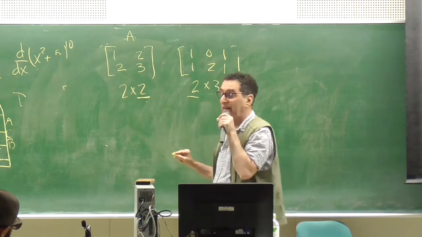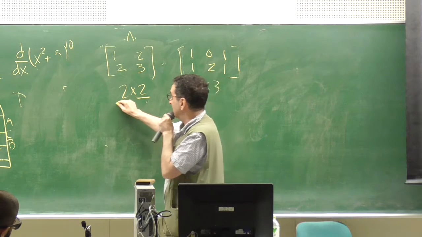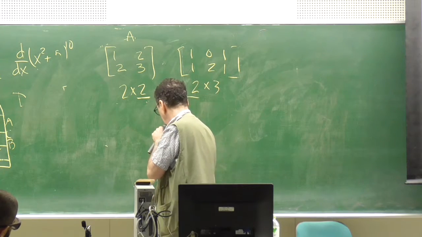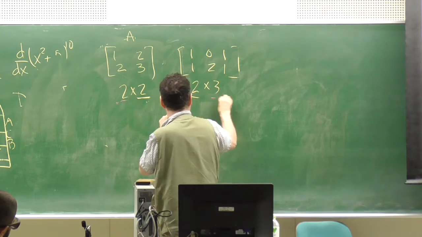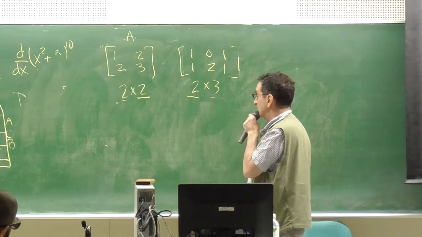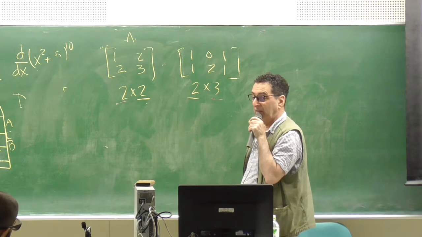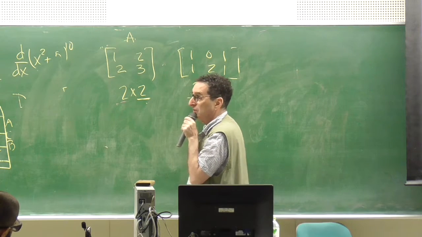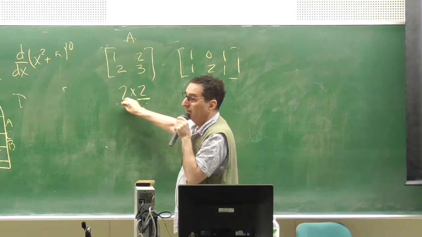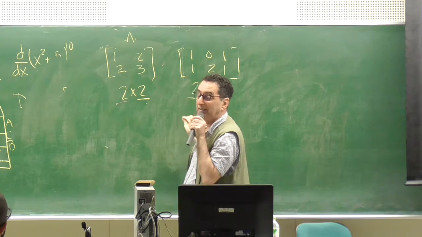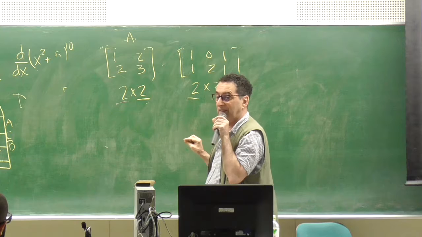Something else? The size is going to come from this and that. In this case, 2 by 3. So these have to match to do the multiplication, and then the size of the result comes from the outside ones too. Is this clear?